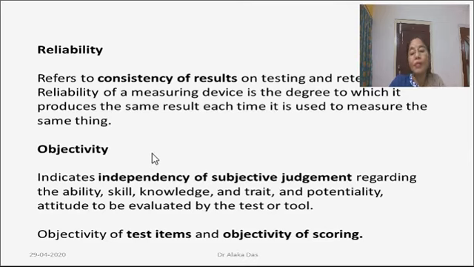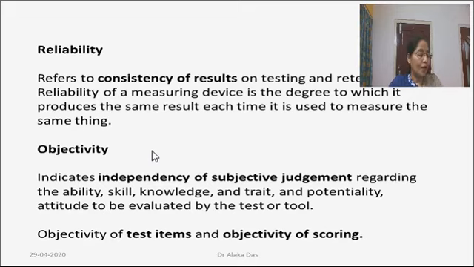And what objectivity says is that the objectivity of any device must be geared in terms of test items. The test items must not be overloaded. It must have proper difficulty level or other attributes, and objectivity in scoring.